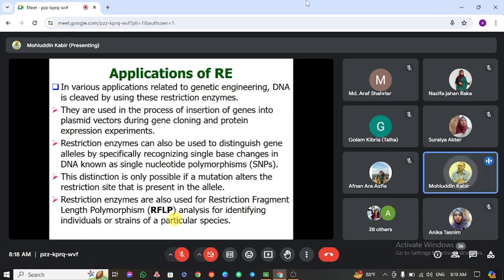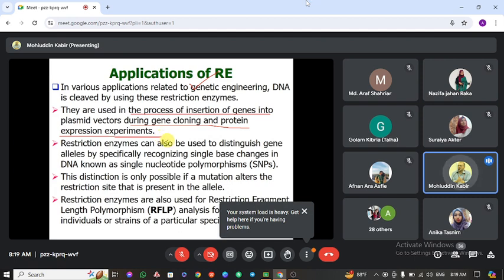Now, applications of restriction endonucleases. Different applications. They are applied in genetic engineering. They are used in the process of gene insertion into the plasmid vector, and that is very helpful in the cloning and expression of proteins.